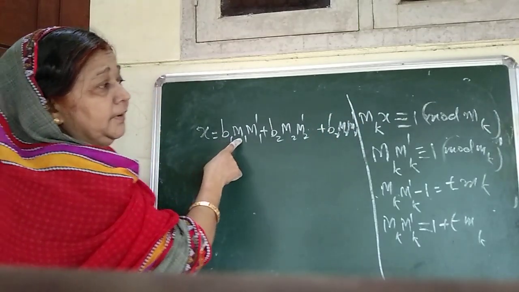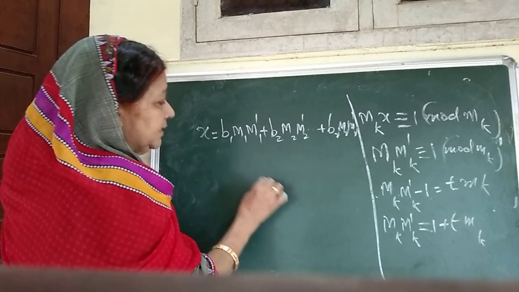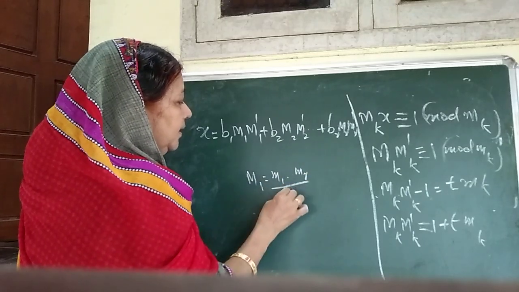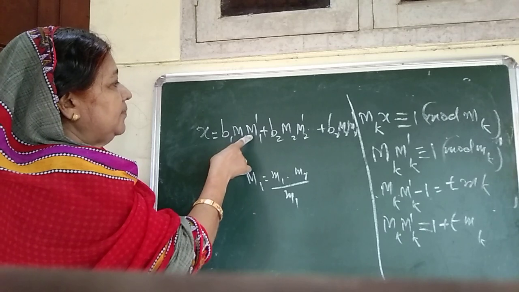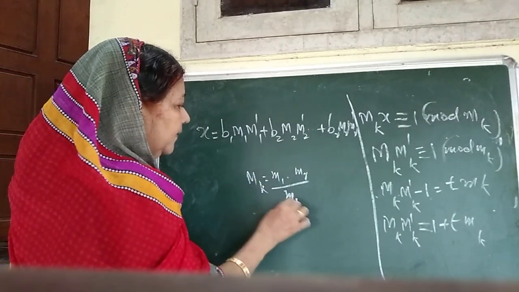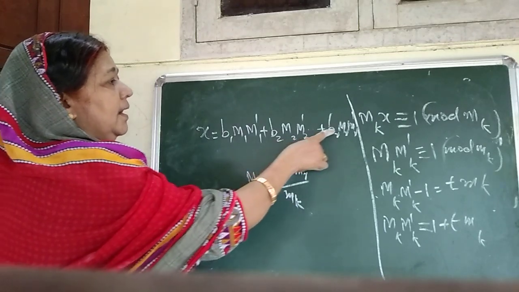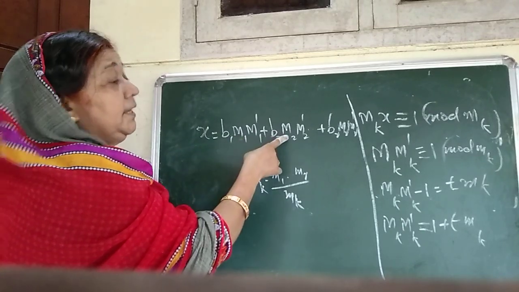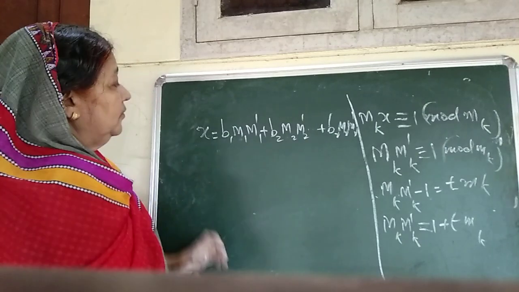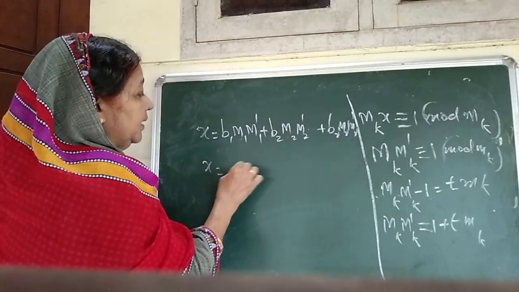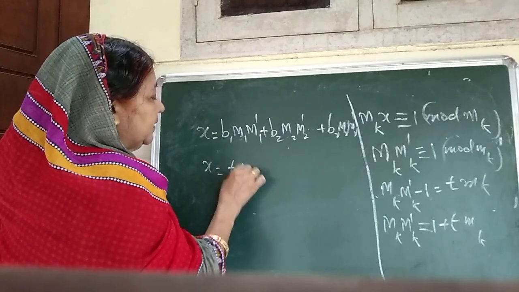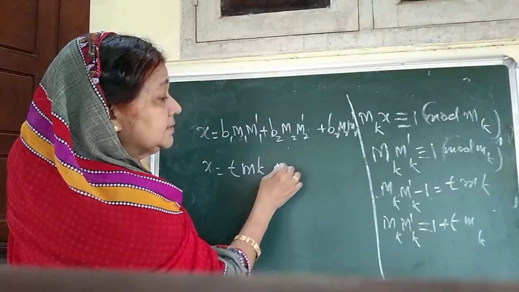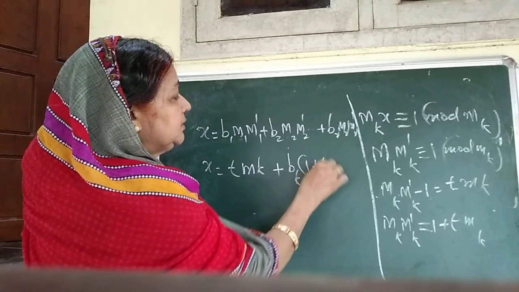We know capital M1 equal to m1 etc. mr by m1, so capital Mk does not contain small mk, but M1 is a multiple of mk, M2 is a multiple of mk, etc. Therefore, x equal to a multiple of mk, t into a multiple of small mk, plus Mk dash, that is bk into 1 plus t into small mk.